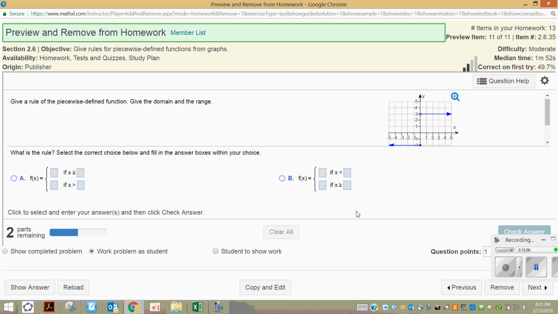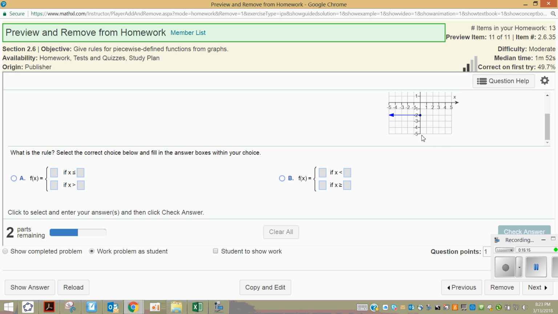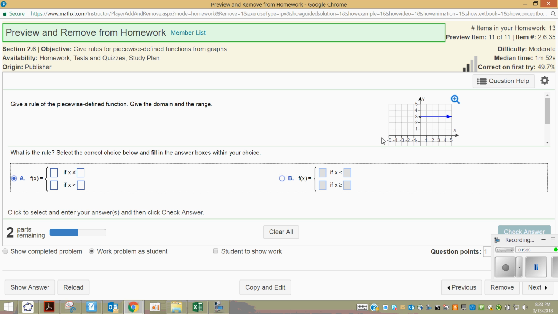Okay, so what's the difference here? One of them gives us the option for less than or equal. That's what we want, because this one is less, this one's equal and less. So it's going to have to be A. It wouldn't be this one, because that says greater than or equal, and we have an open circle on the greater part.